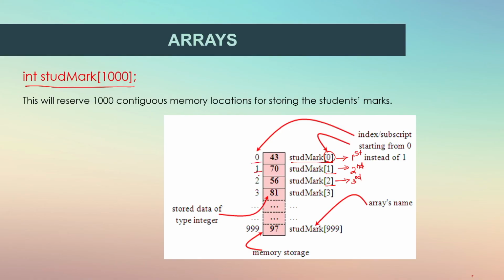Likewise, we can make use of the index as 0, 1, 2, 3 in order to represent which element it is. So, in the contiguous memory locations from 0 to 999, the students' marks can be stored using a single data structure, an array.